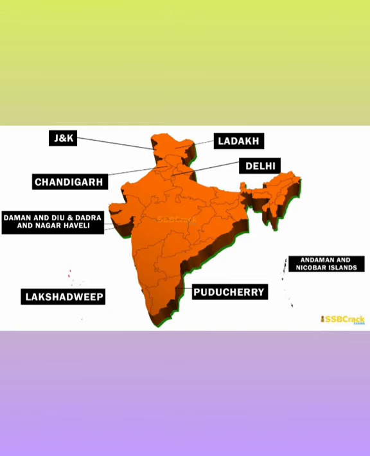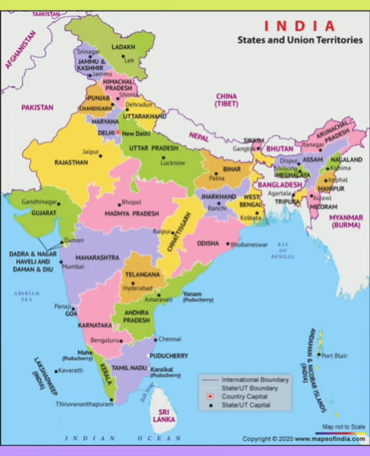There are 8 union territories: Jammu and Kashmir, Ladakh, Delhi, Puducherry, Daman and Diu, and Dadra and Nagar Haveli. And then Chandigarh, Lakshadweep Island, and Andaman and Nicobar Island are also the union territories of India. Now, there are many states and union territories which have a common land boundary with our neighboring countries.